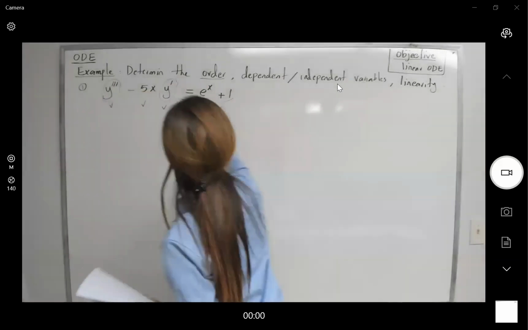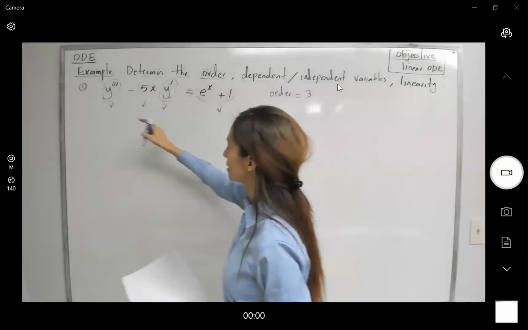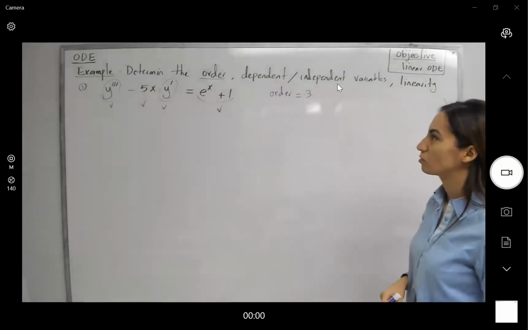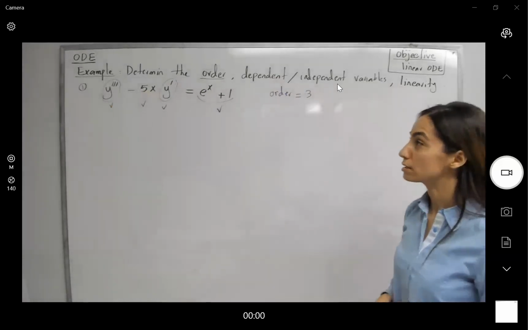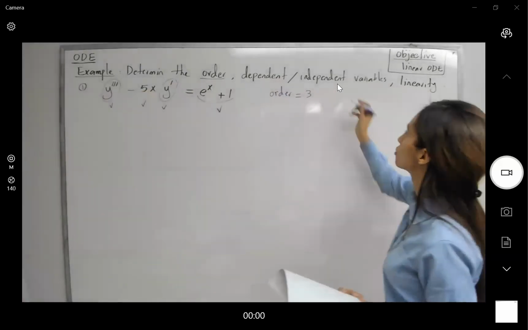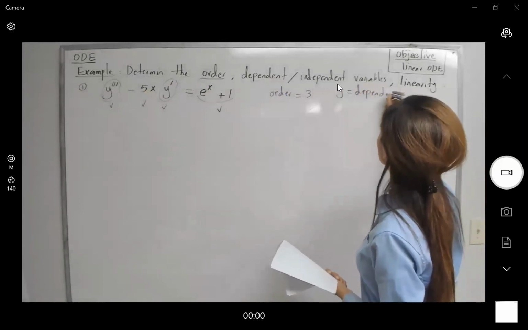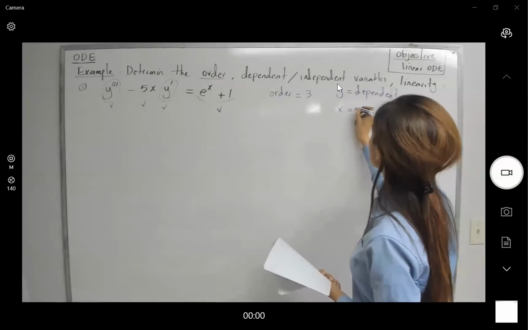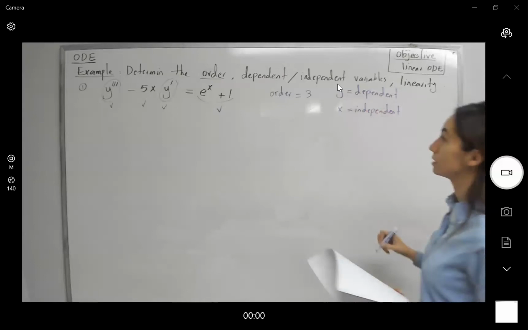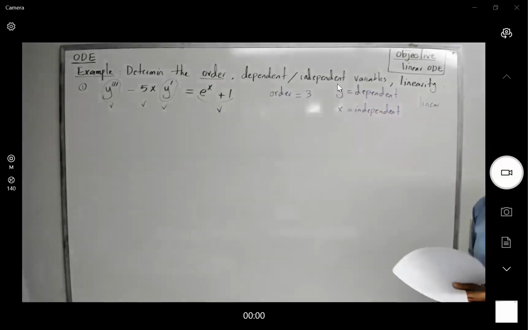The order is 3, the highest order of derivative that appears in the equation. This is function y in terms of x, so y is dependent and x is independent. Also, it is a linear ordinary differential equation.